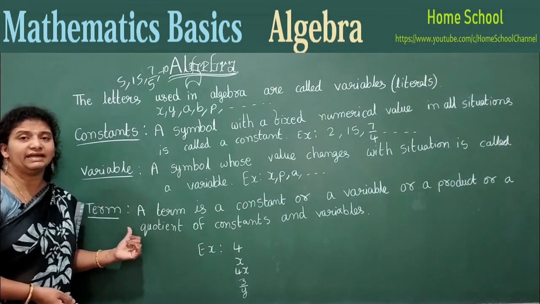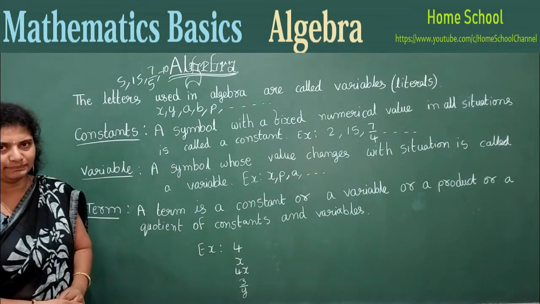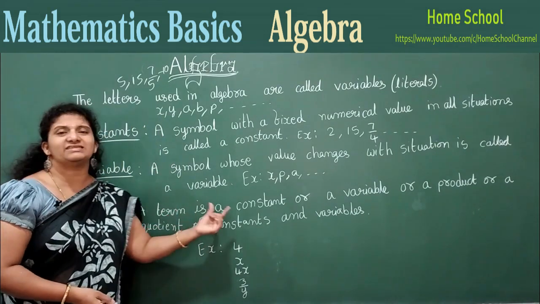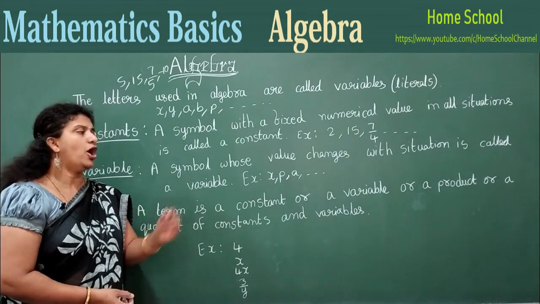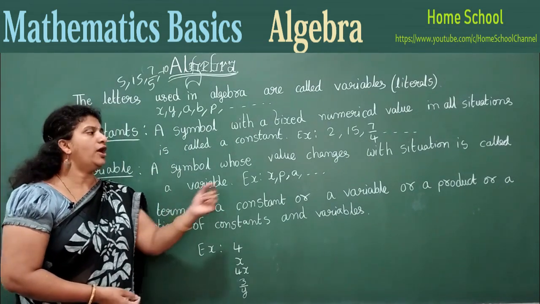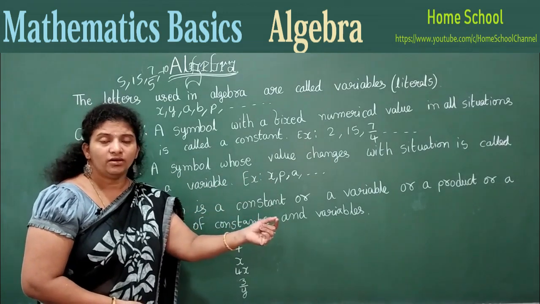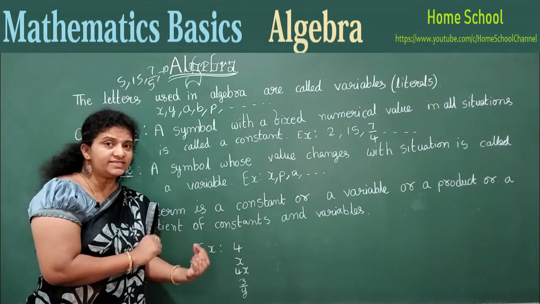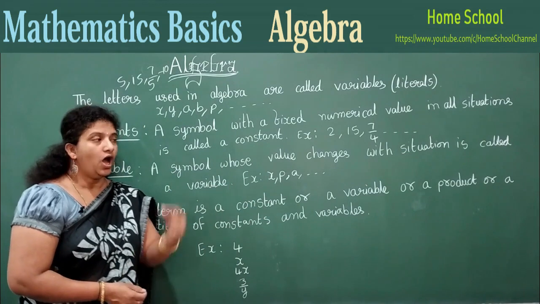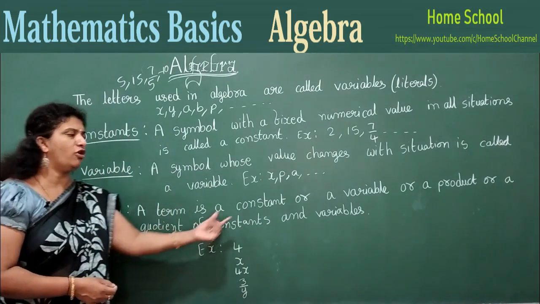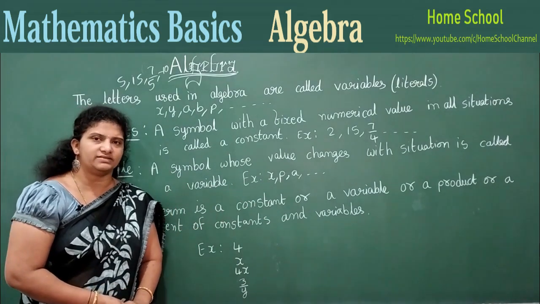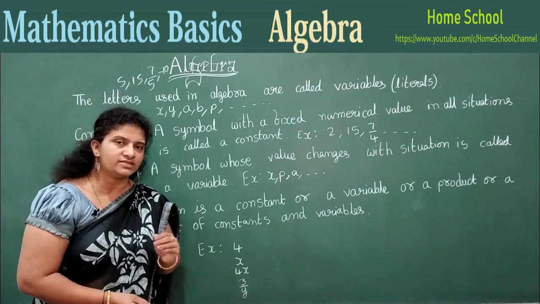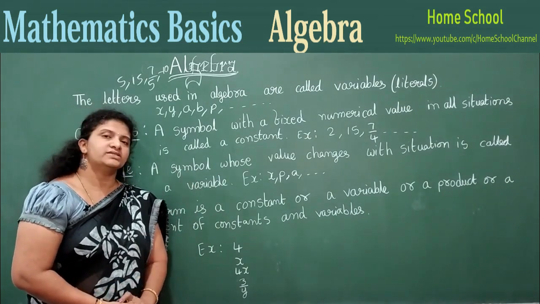Next, a term. What is a term? A term is a constant or a variable or a product of a constant and a variable, or a quotient of constants and variables. These are what we come across in this chapter. What is a constant?